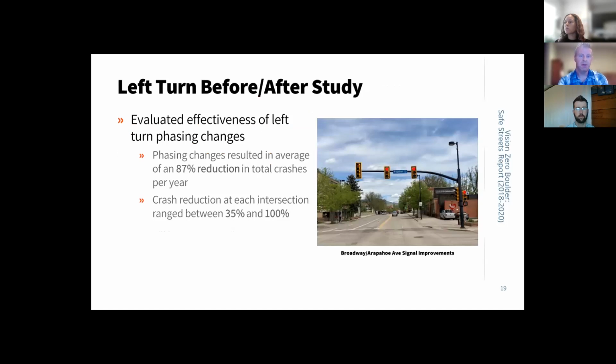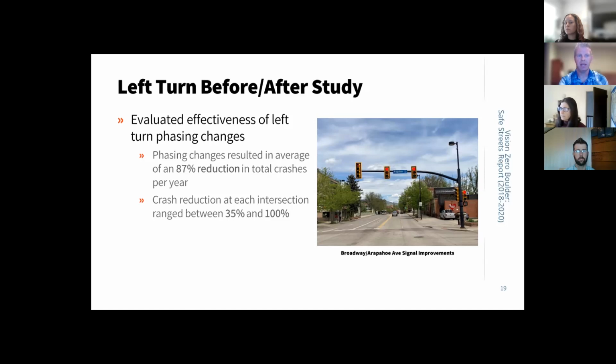In terms of looking at really the effectiveness of our left turn phasing changes, we had implemented left turn phasing changes at 48 signalized intersection approaches at a total of 25 intersections. And those intersections were pretty much all identified from the prior Safe Streets report.